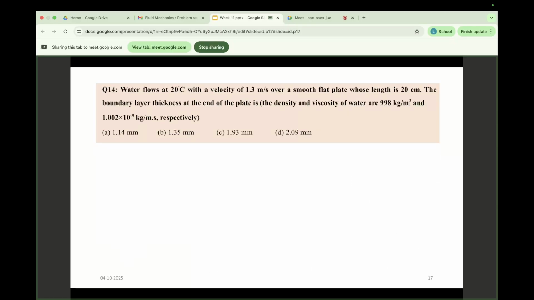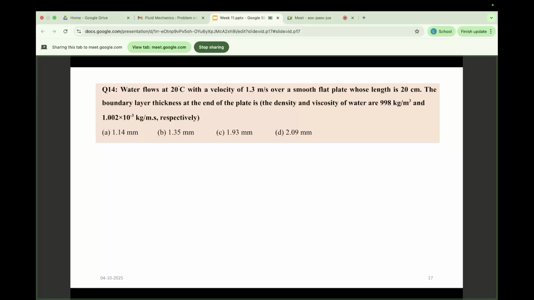Okay. So this is an important question where I am first explaining the question and then I'll tell you how to solve it. In this question, the velocity of the water is given at a certain temperature, right?